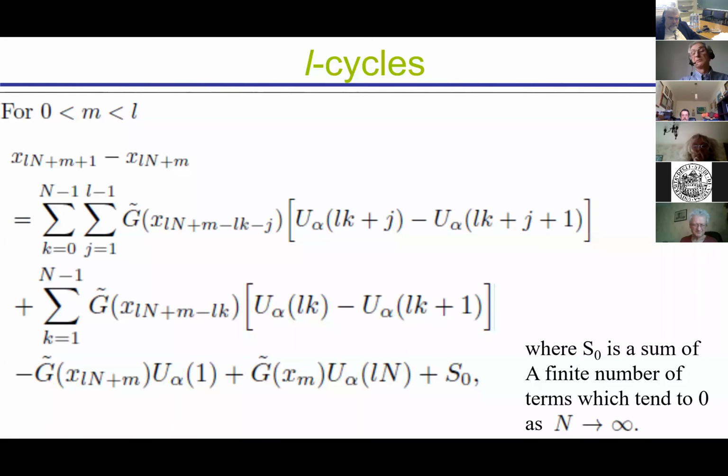And now, to analyze this series, we consider differences, because U alpha is a divergent series, but the differences are now convergent because they have power alpha minus 2.